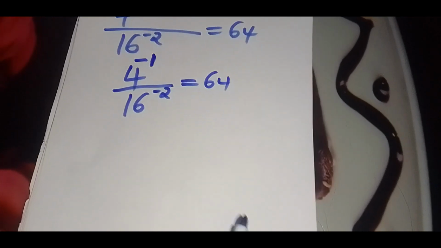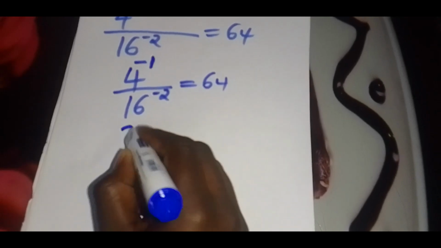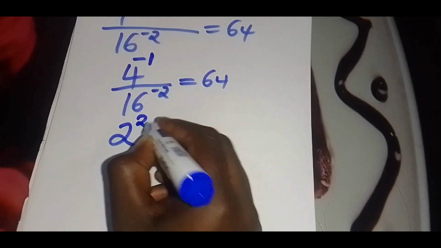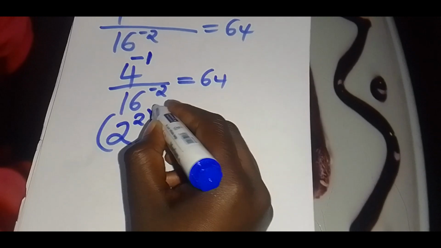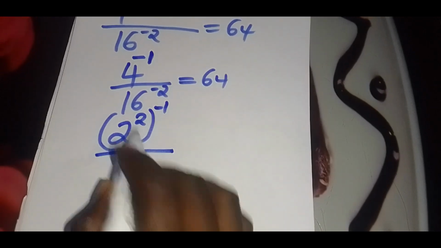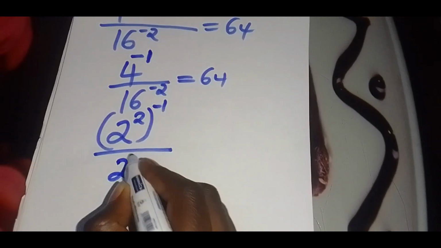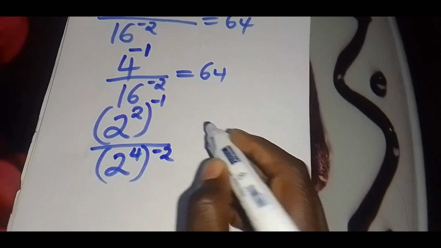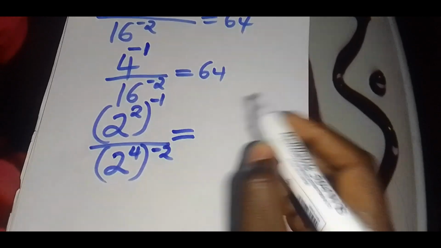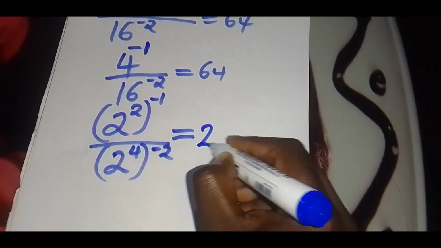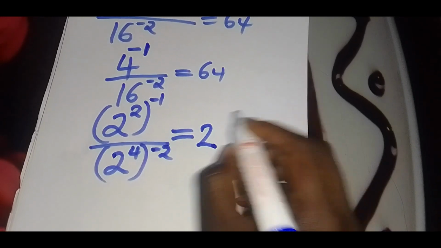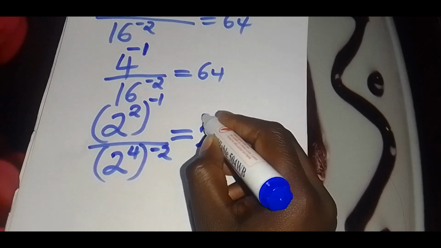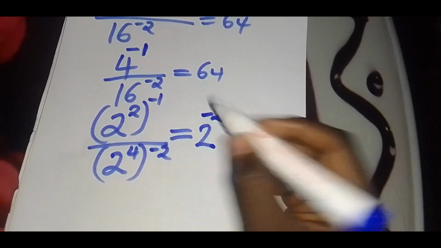Okay, now since we see that 4 can be expressed as 2 raised to power 2 multiplying by negative 1, divided by 16, which is 2 raised to power 4 multiplying by negative 2. This can be expressed as 2 raised to power, this is 2 times negative 1.